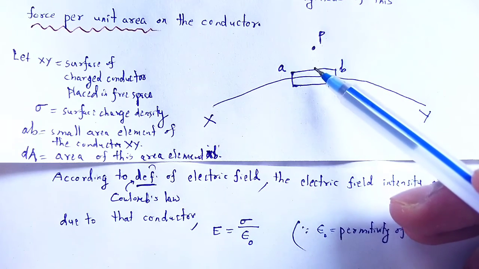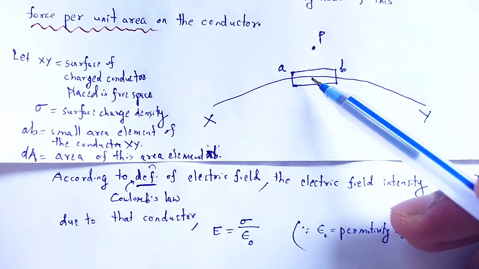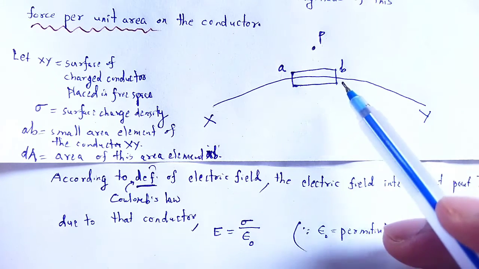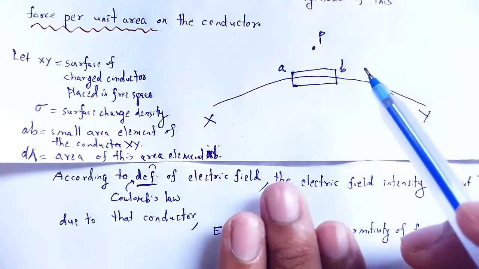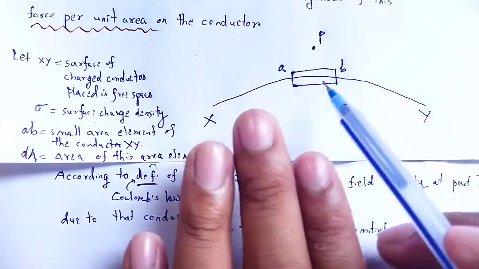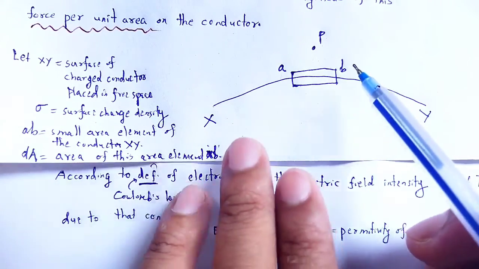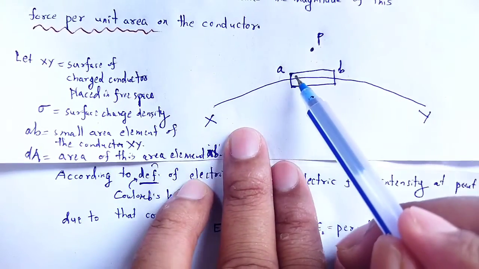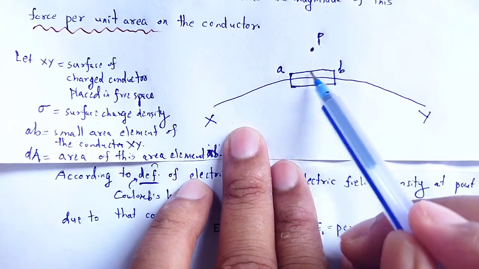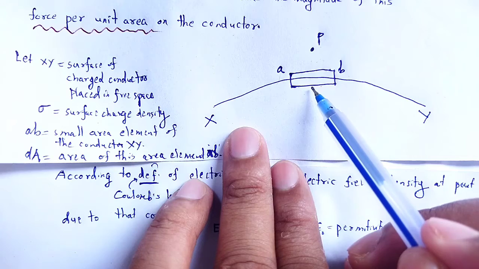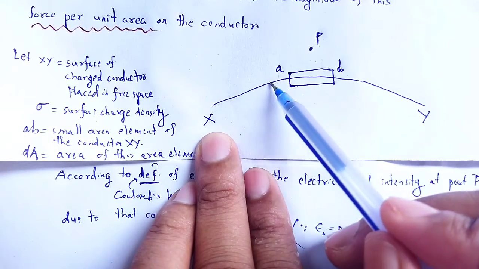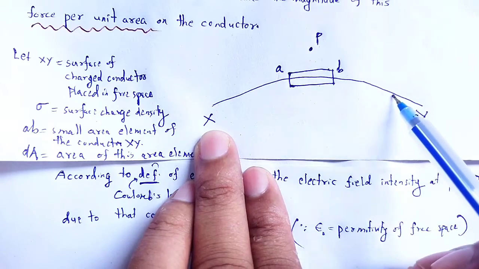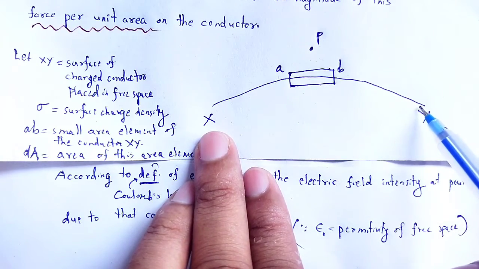That electric field is created due to two types of charge distribution. The electric field intensity may be assumed partly due to the charge on AB and partly due to the charge on the rest of the conductor XY.